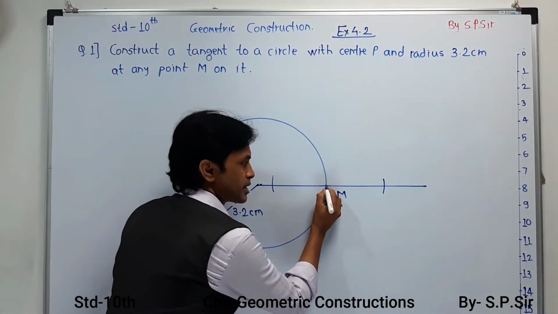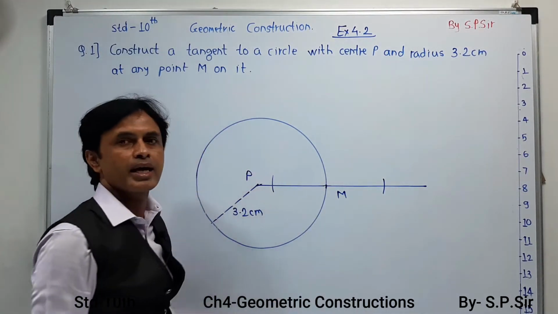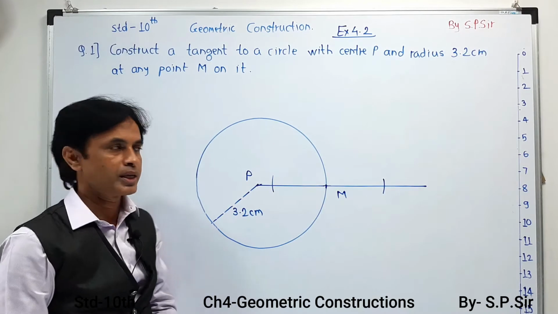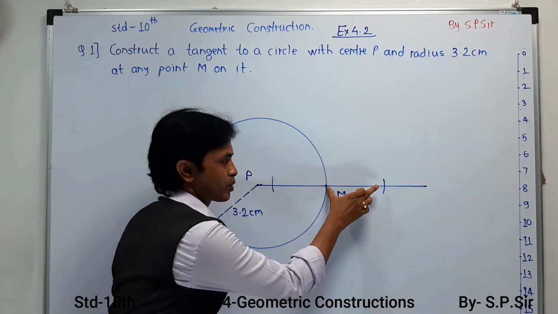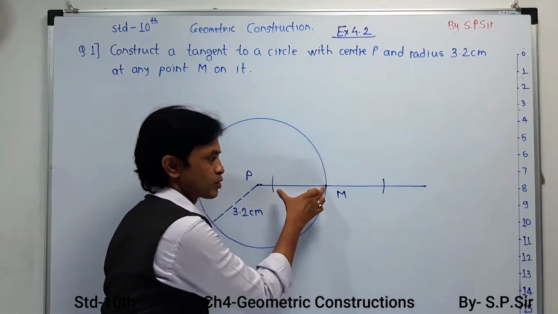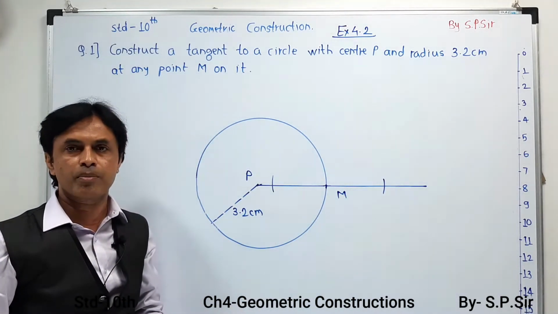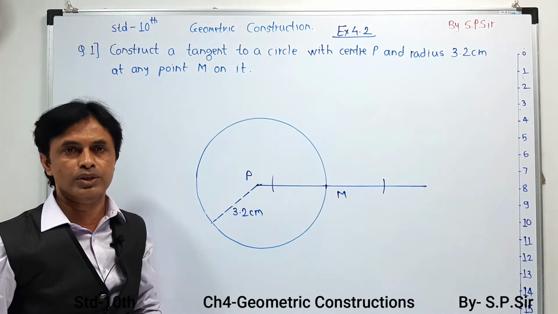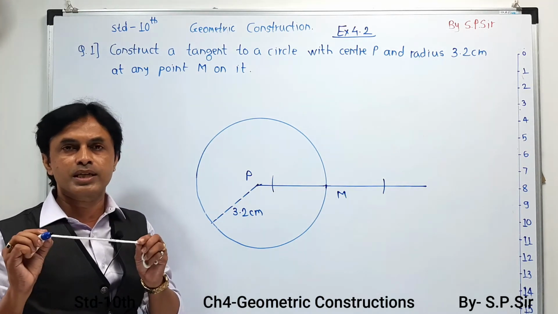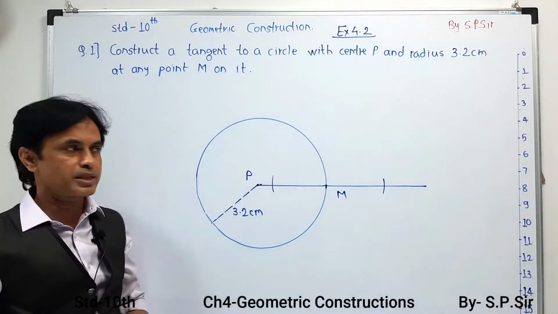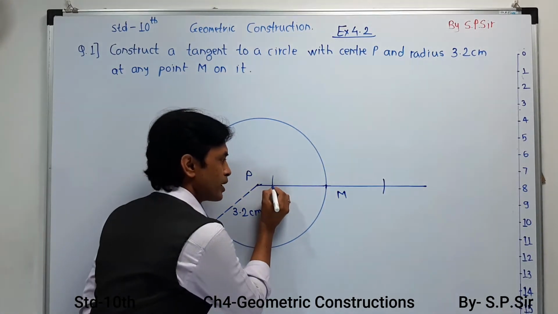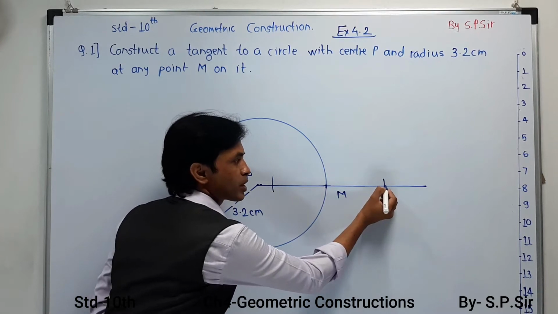And remember, in this case you have taken M as a reference point over here. Naturally you can say the distance from M to this point is exactly equal to the distance from M to this point. So these 2 equidistant marks in the form of arcs are over there. Now again you have to increase the distance in the compass. Whatever distance you have taken over here, you have to increase it, and these 2 points will act as your reference points.